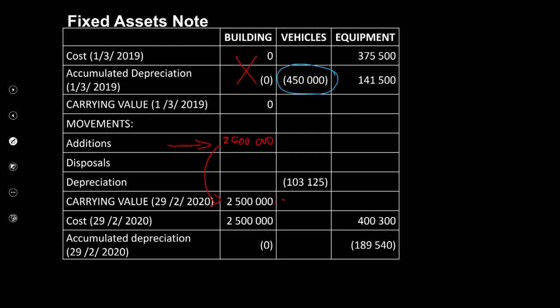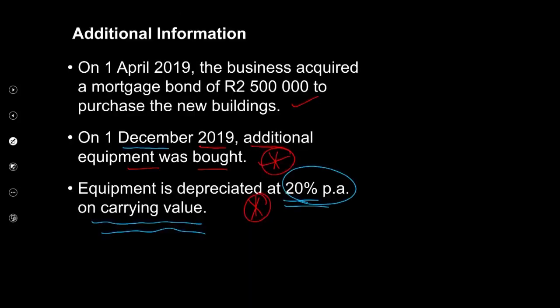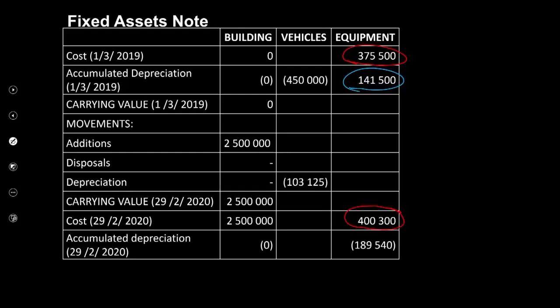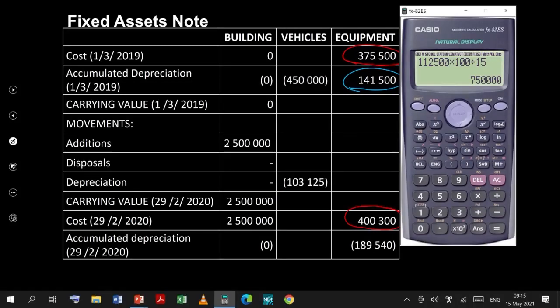So clearly, you can see here that if you take this into consideration now, you will work out that your vehicle cost you, what did we say? 750,000 divided by 4 will give you a cost of 187,500, right?